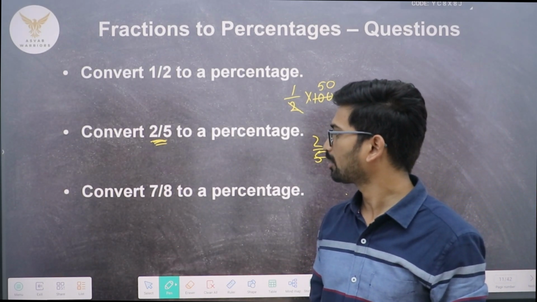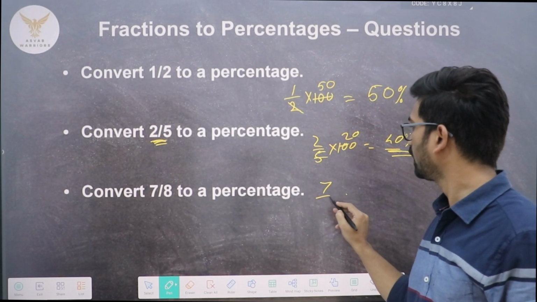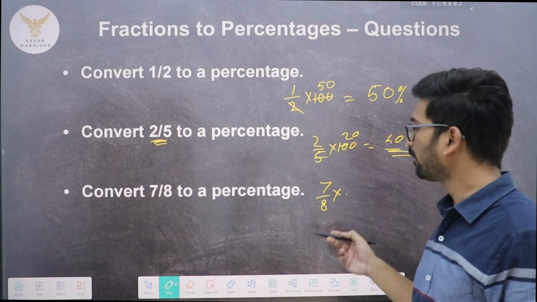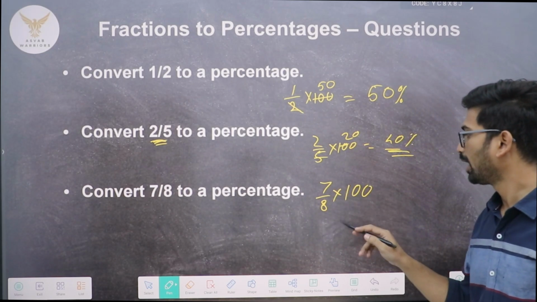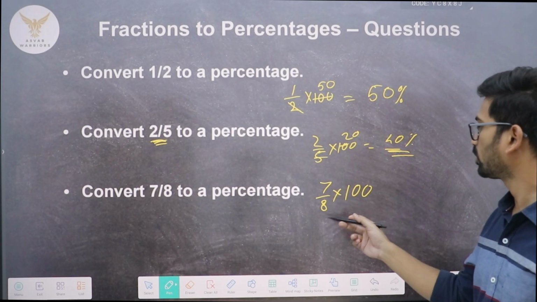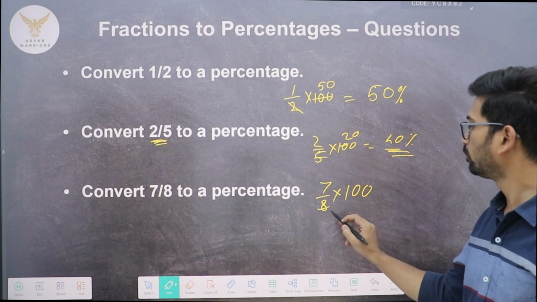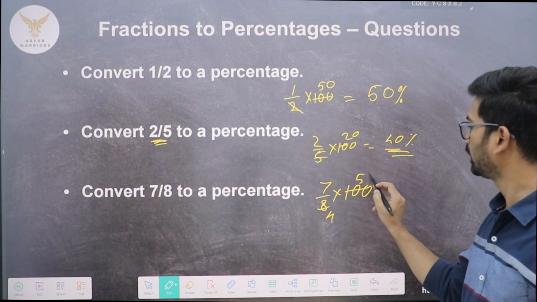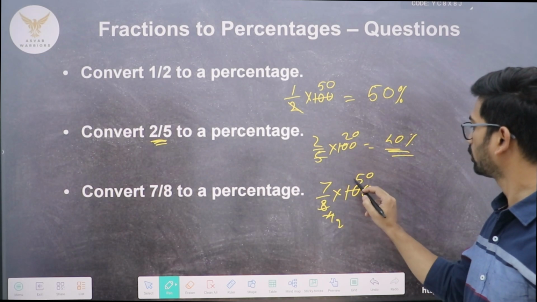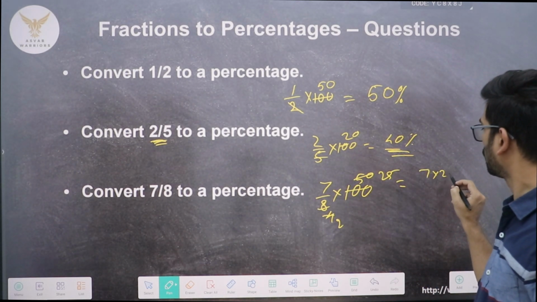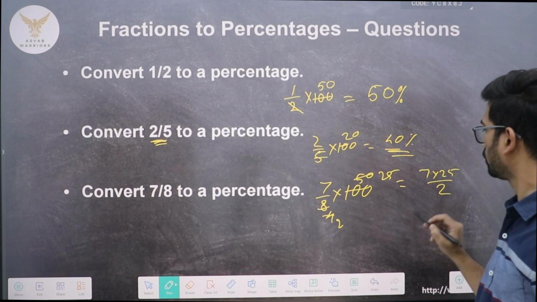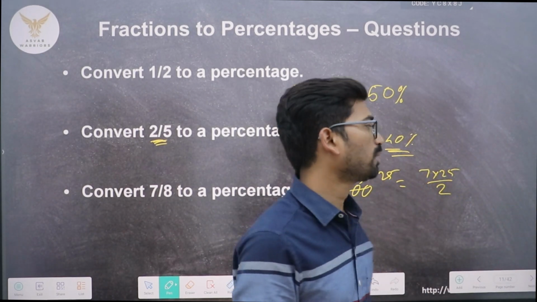Again, we have another example which says 7/8, and we have to convert it into a percentage. How to do that? We will simply multiply it with 100. Again, we will reduce this fraction. So 2 4s are 8, 2 50s are 100, 2 2s are 4, 25. So 25 times 7 divided by 2. What is 25 times 7?